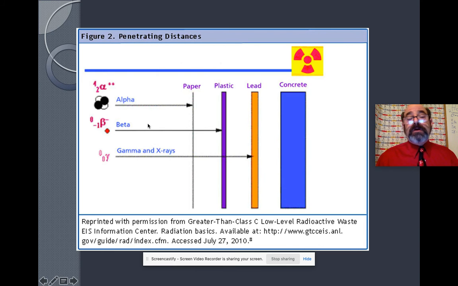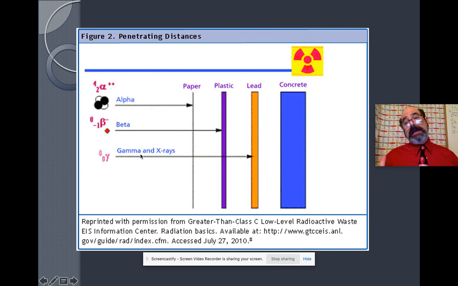Beta particles are a little nastier. They're a little stronger. Their electrons come flying through there. So they'll zip right through the paper. But then it takes a little while, hits something, plastic or something, and it'll stop it. So you need a little more protection from the beta particles.